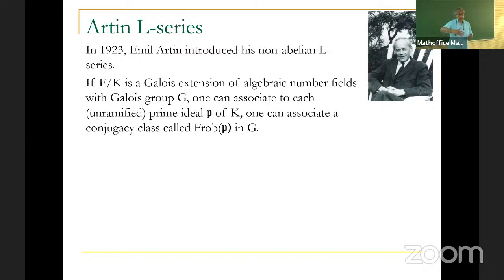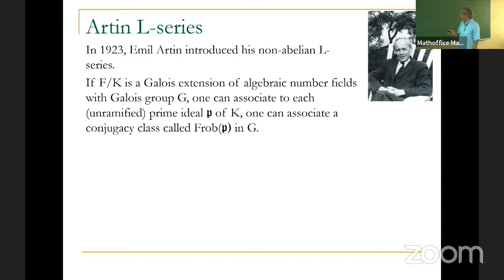And then he noticed that it had an Euler product, and then established analytic continuation for that. Now, the group of coprime residue classes modulo M is the Galois group of the mth cyclotomic field. And by understanding that way, you could see that there has to be a generalization for an arbitrary Galois extension.